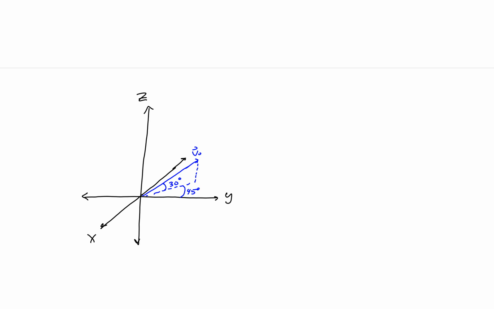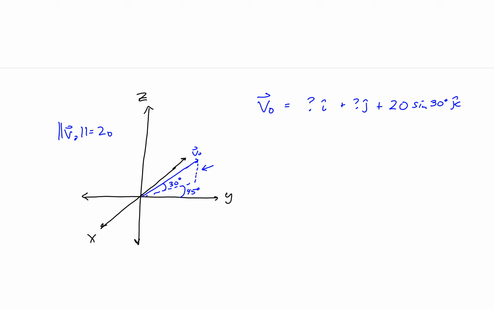So my initial velocity, well, the easiest component is the z component, this part here. And since the magnitude of v0 is 20, this k component is going to be 20 sine of 30 degrees, k.